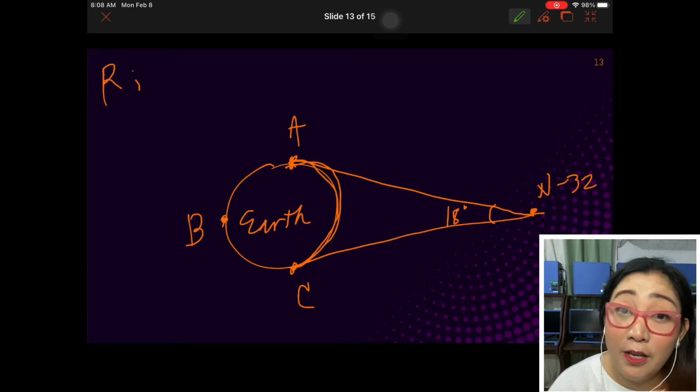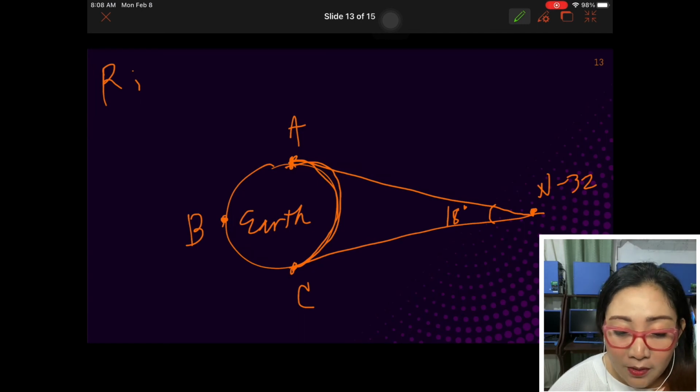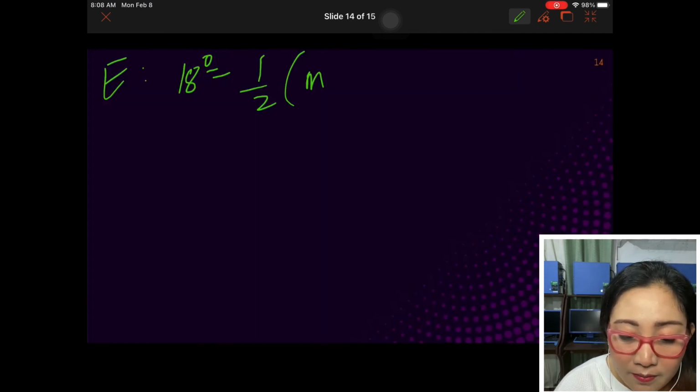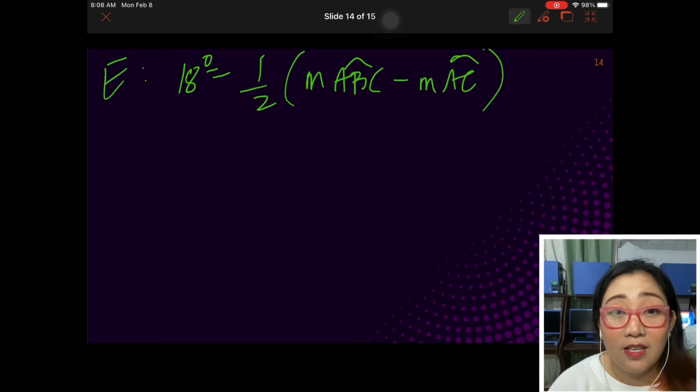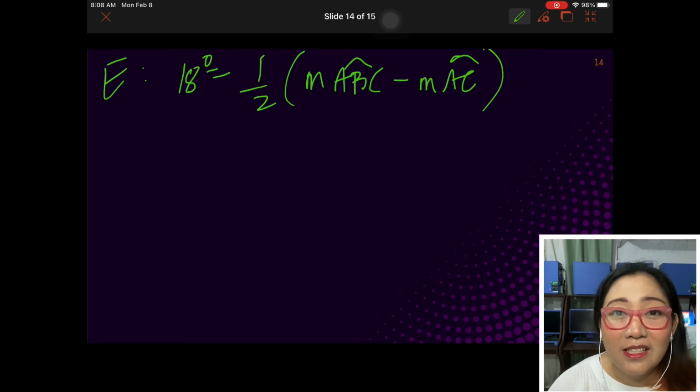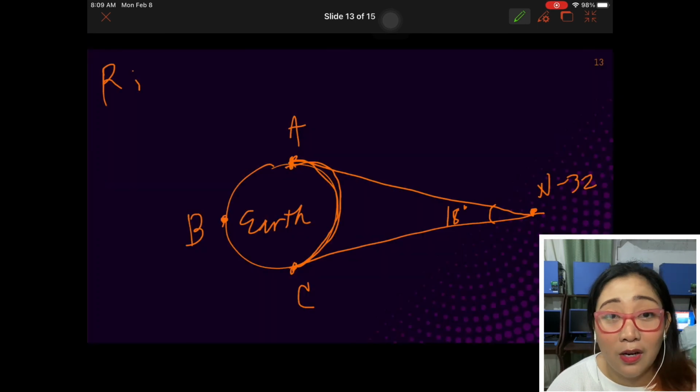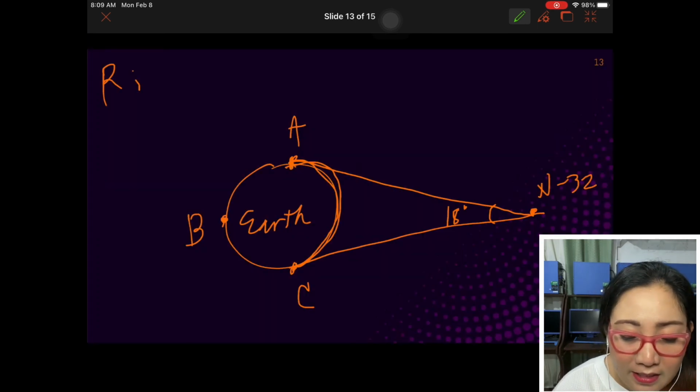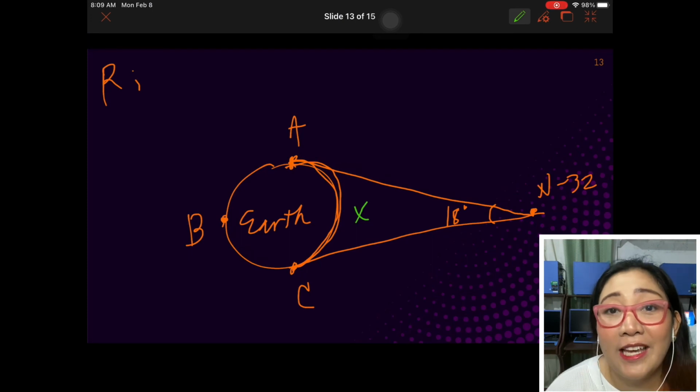So, major arc minus minor arc: measure of arc ABC minus measure of arc AC. Okay? Hindi natin alam kung ano yung measure nitong dalawang arcs na ito. So, for simplicity's sake, I will call the minor arc X.